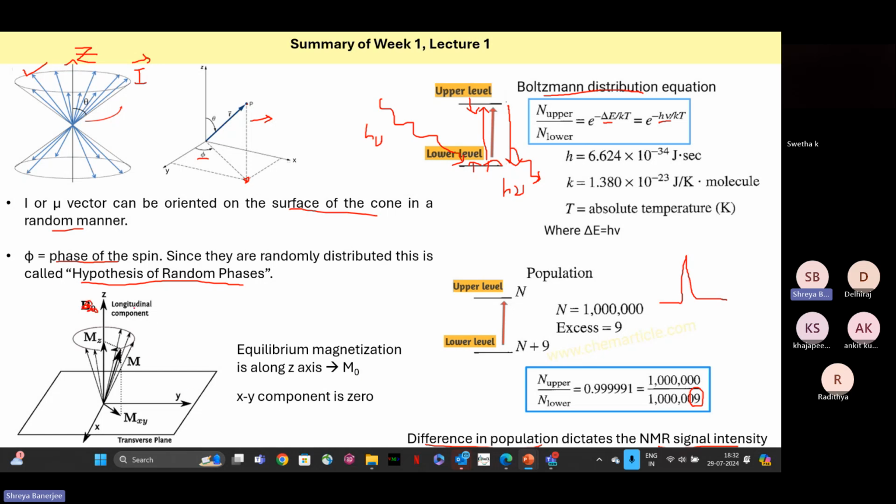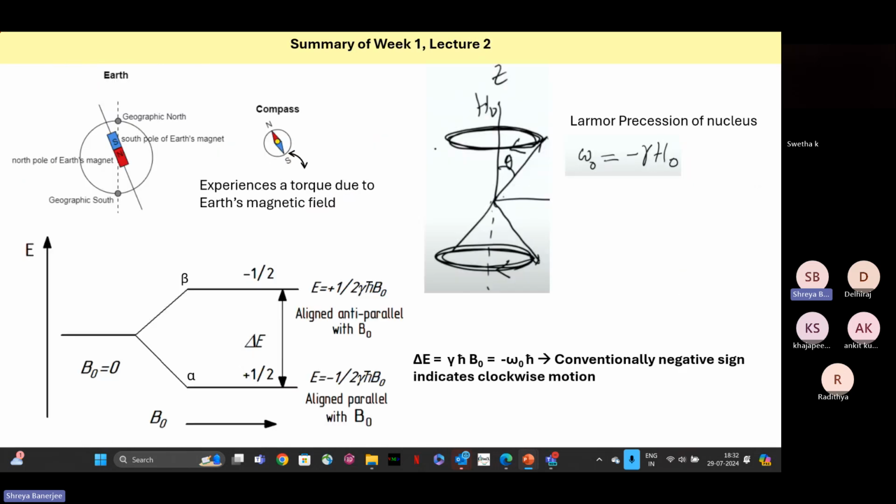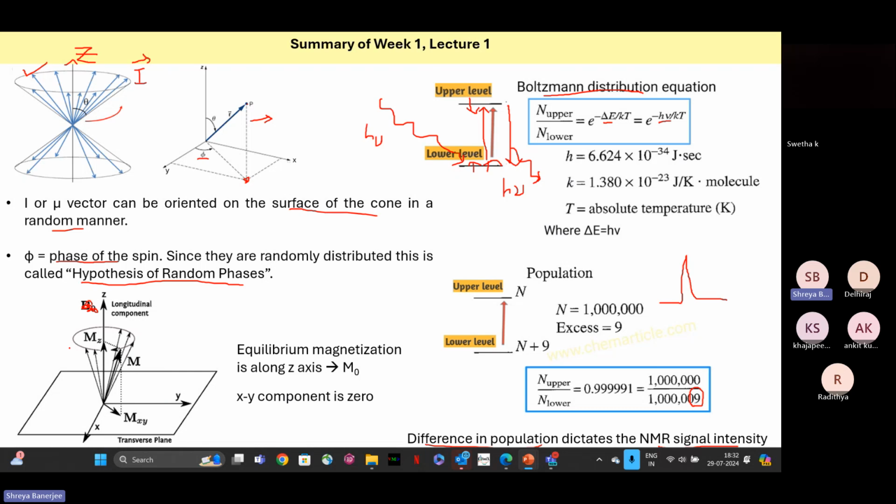This is still in the absence of an external magnetic field. At that time, your entire magnetization is along the z-axis and any xy component is 0. In the coming slide, we'll see what happens when you give an external magnetic field. But for now, it is enough to remember that in the absence of the external magnetic field, the equilibrium magnetization is fully along the z-axis.